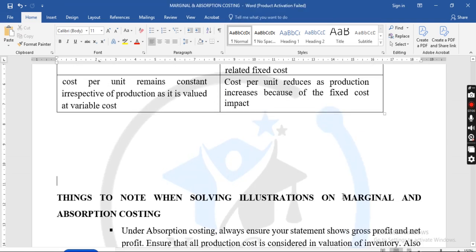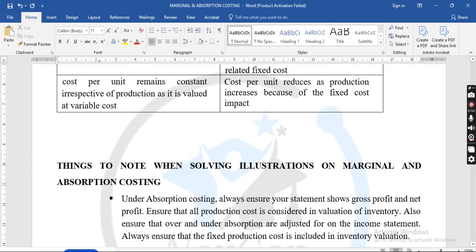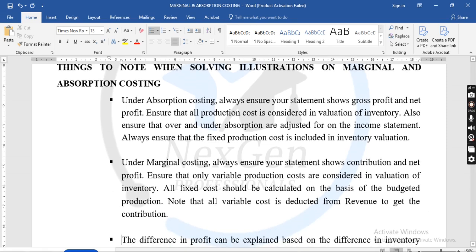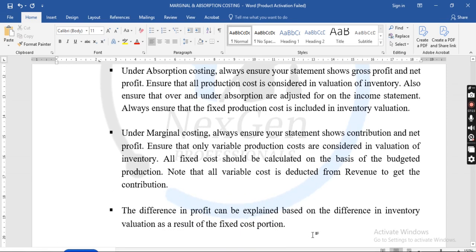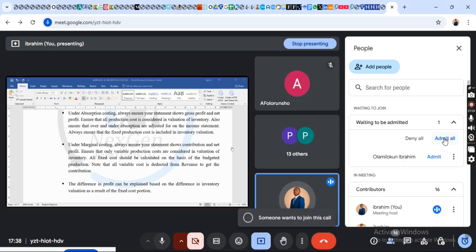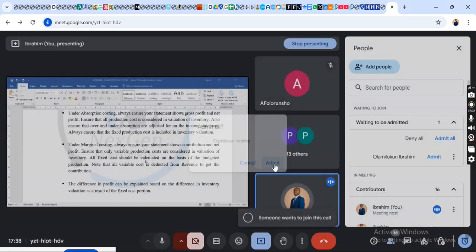So you can see things to note when solving illustrations on marginal and absorption costing. Under absorption costing, always ensure your statement shows gross profit and net profit, right? And under marginal costing, always ensure your statement shows contribution as well, right?